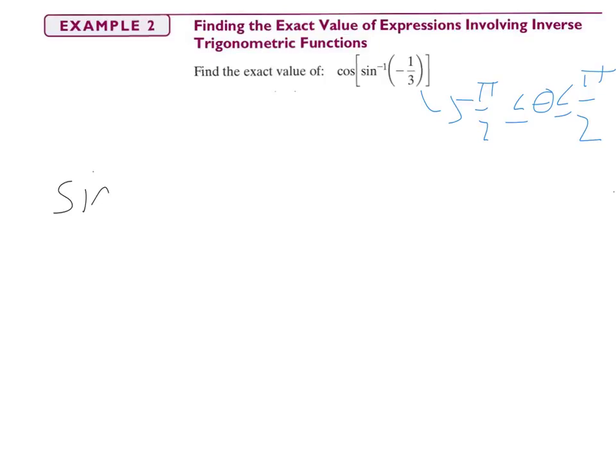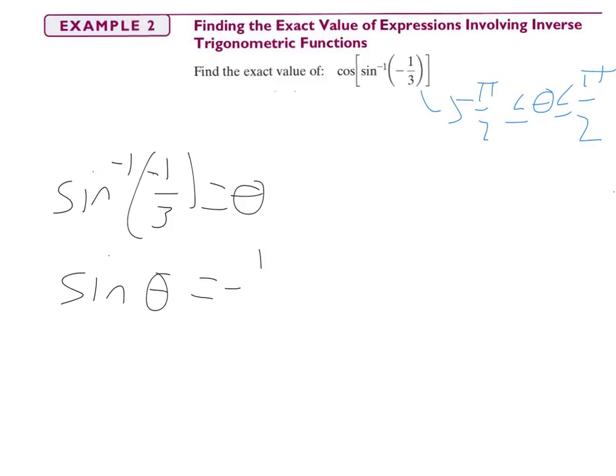If sine inverse of negative 1/3 equals some angle, then if we take sine of both sides, we'd have sine of theta is equal to negative 1/3. So, we know sine is negative in the fourth quadrant, because our range goes from negative pi over 2 to pi over 2, so that's the first and fourth quadrant, the right hand side of our coordinate plane.